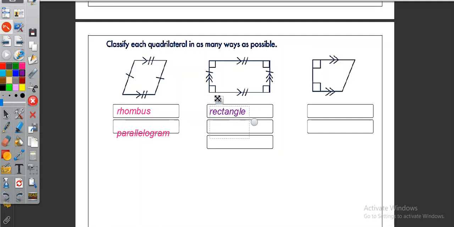Which can also be classified as a, yes, parallelogram. And it is also a, yes, quadrilateral. Finally, this shape is called a, yes, it's called a trapezoid. And it is also a quadrilateral.